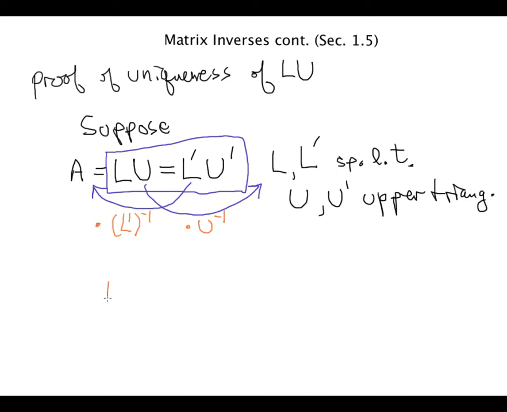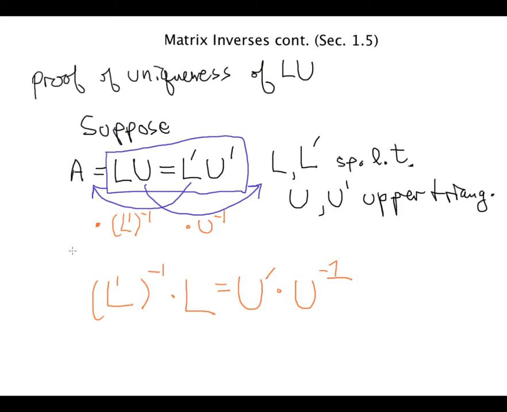What I get is that the matrix L prime inverse times L, that's the left-hand side, is equal to U prime times U inverse.